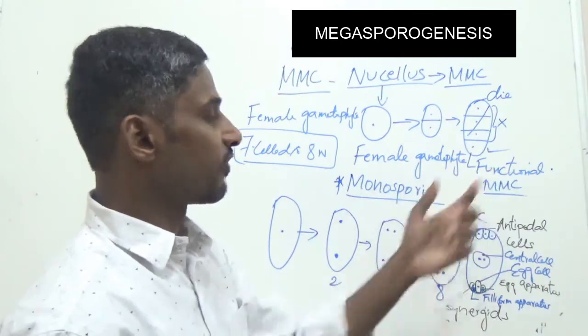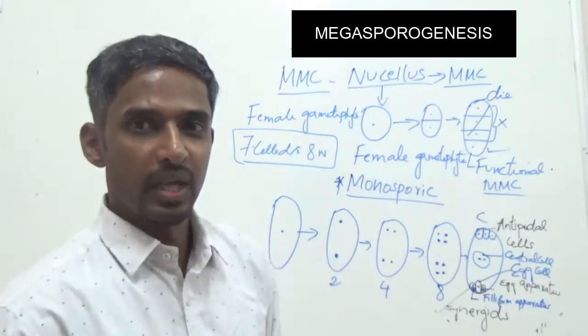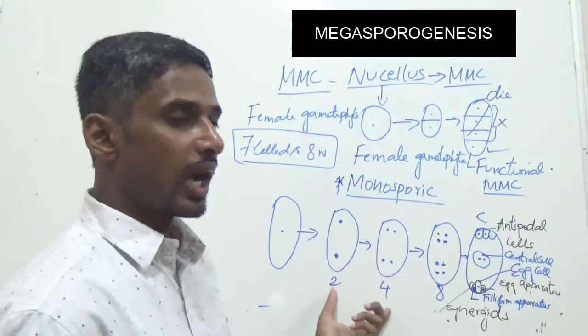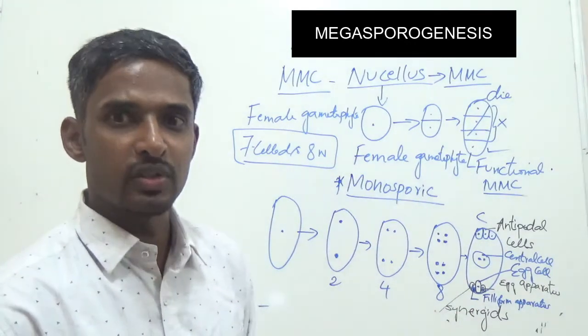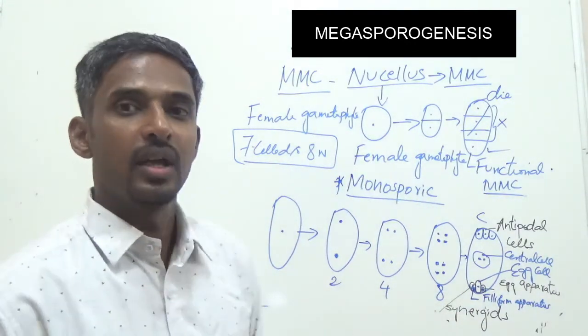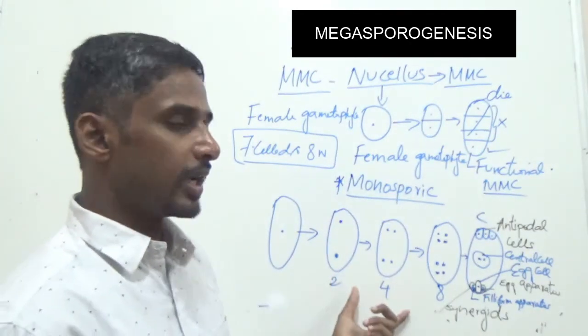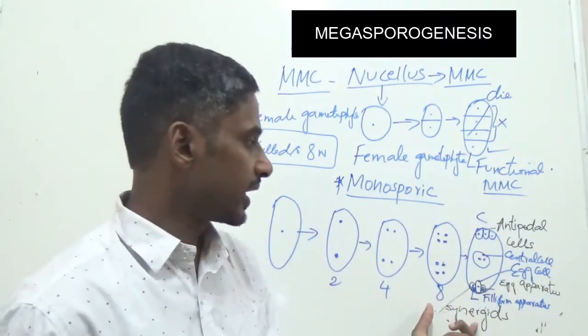Now once we have a functional megaspore, the actual embryo sac has to develop. To develop, this megaspore will have to undergo nuclear division. That means only nuclear division will take place at first, then cell wall formation will take place, and therefore there will be successive mitotic divisions. From 1 becomes 2, 2 to 4, 4 to 8.